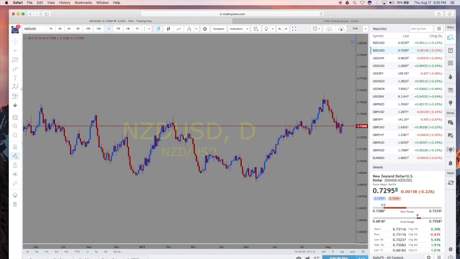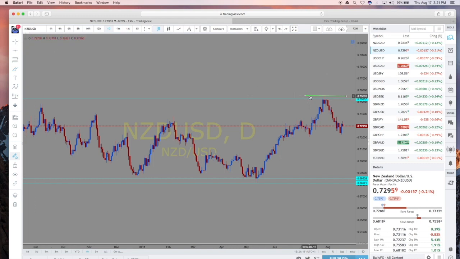What you'll tend to see is that resistance is always going to be at the top, which is your ceiling, and support is always going to be at the bottom. Essentially price is moving between here and here, our floor and our ceiling.